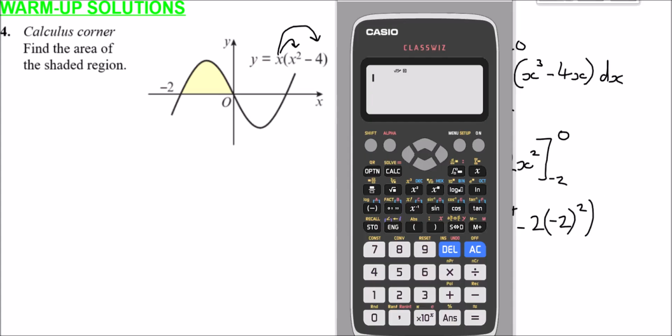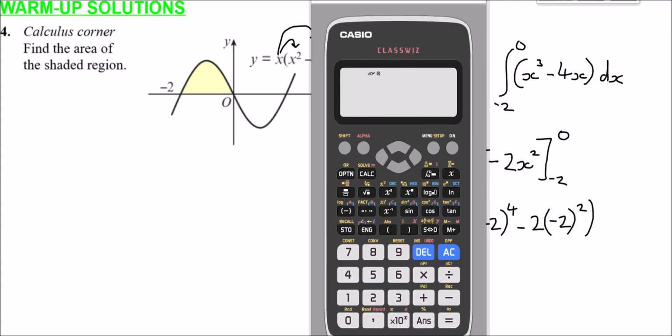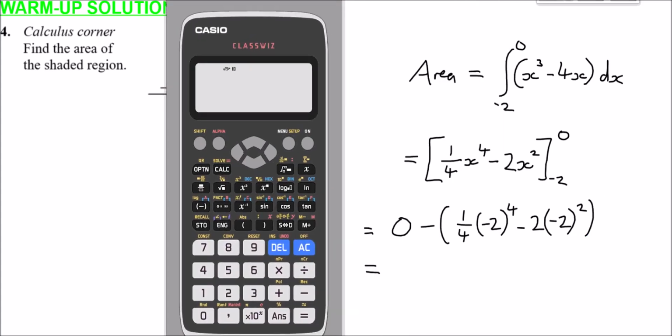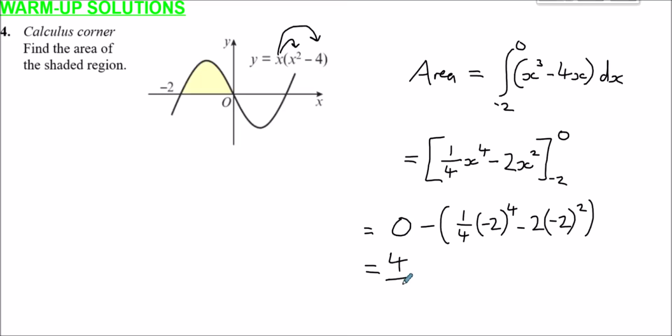So if we were to try this on our calculator, doing it the long way, if you're thinking, well, what does he mean by the long way, what's the easier way? I'll show you in a second. First of all, we have 0 minus, then in brackets, a quarter, brackets, minus 2 to the power 4, minus 2, in brackets, minus 2 squared, and that gives us an area of exactly 4.